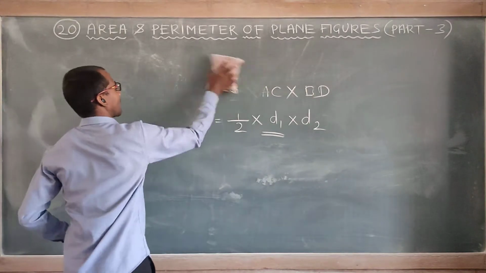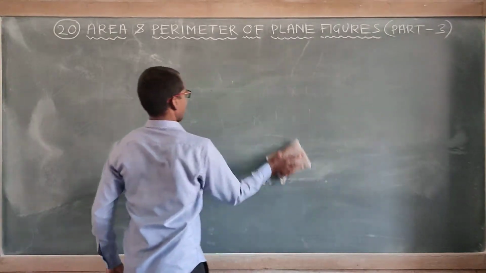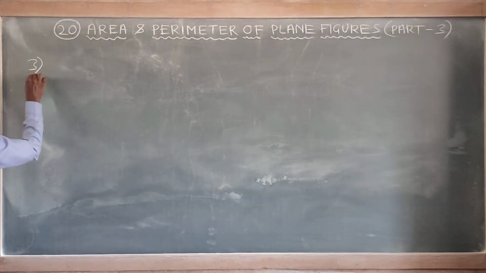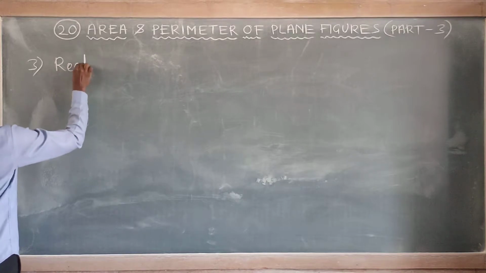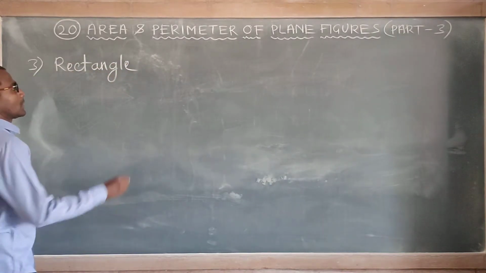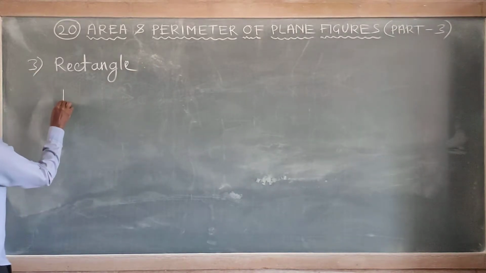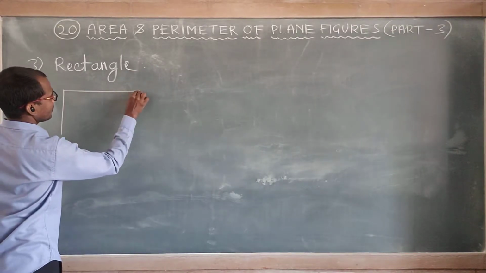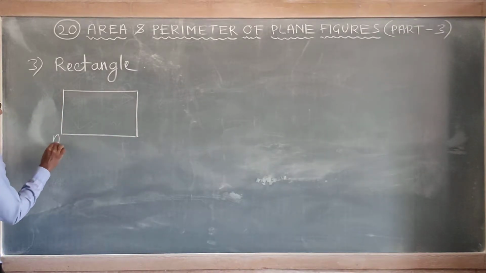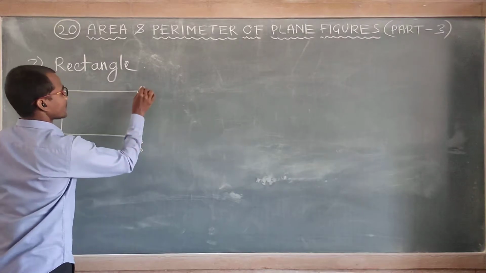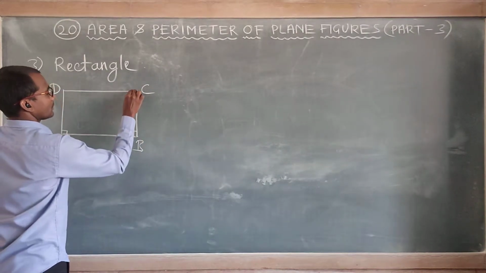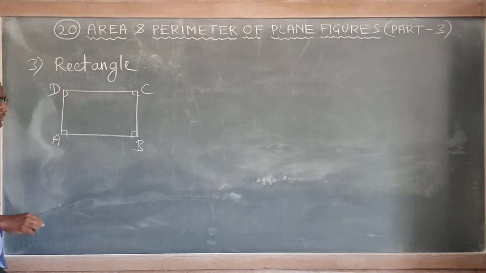Now let us move to third type, that is rectangle. Suppose this is ABCD. It is a rectangle. Each angle is 90 degrees.